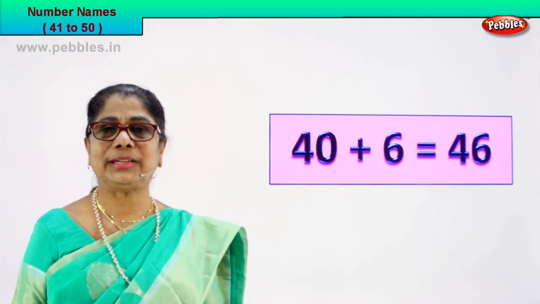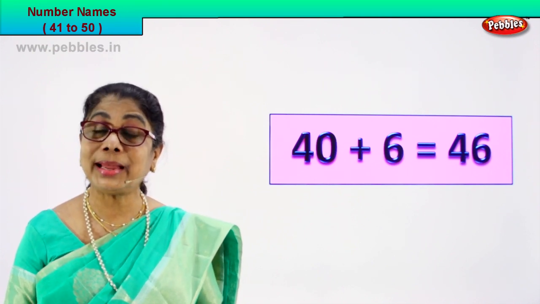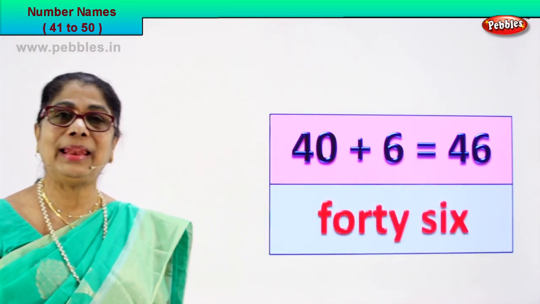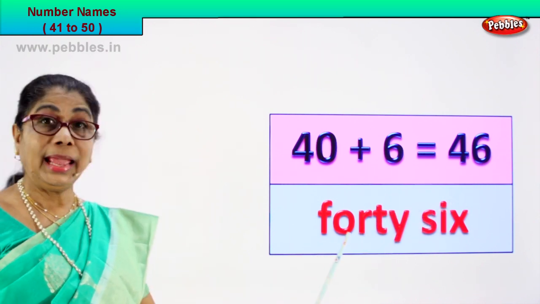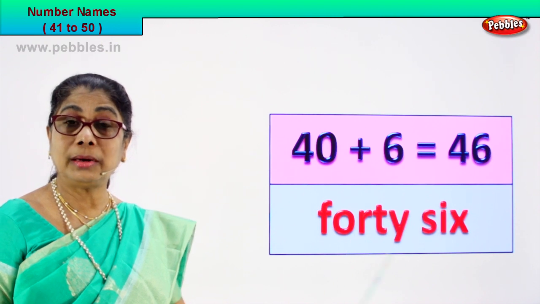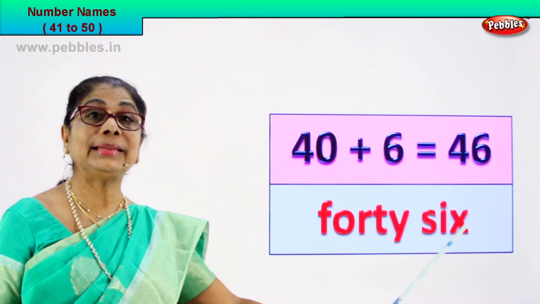4 and 6, 46. Now the numeral 46, how do we write its name? Spell and write its name. F-O-R-T-Y, 40. S-I-X, 6.